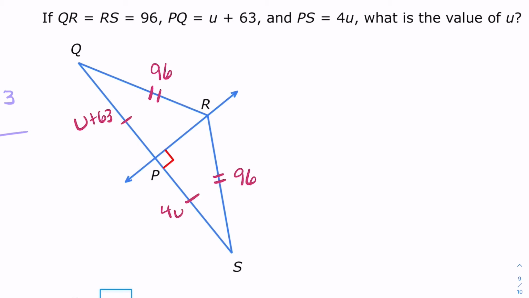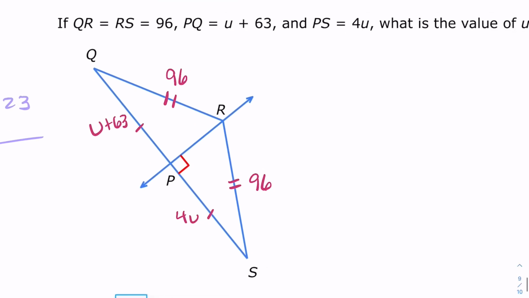Now I put the tick marks in because we know that 96 is equal to 96, which makes QR congruent to RS, which is 96. So that means that these are congruent. So this is U plus 63, and PS is 4U.